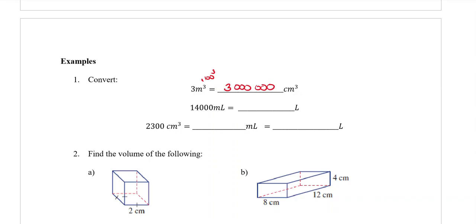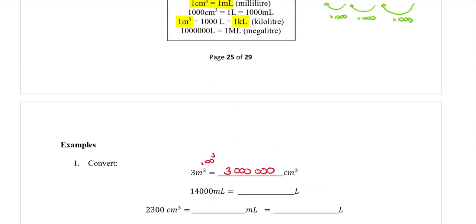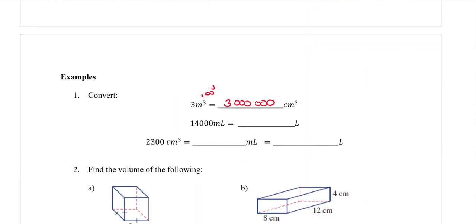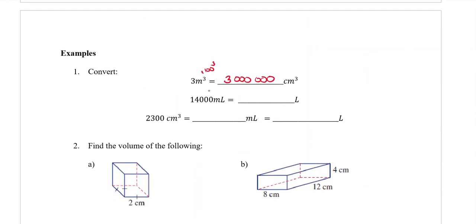centimeters cubed. Okay, next one, we want to go from 14,000 milliliters to liters. They're capacity units. So milliliters are here, and we want to go to liters, so we're going to divide by 1,000, which would take off the three zeros, so that's going to be 14 liters.